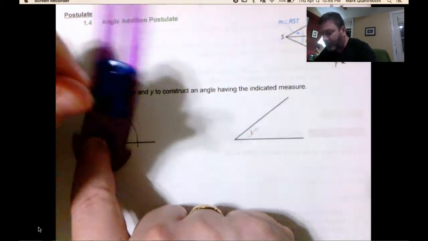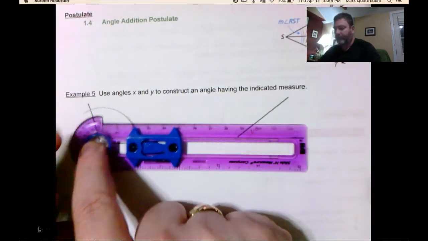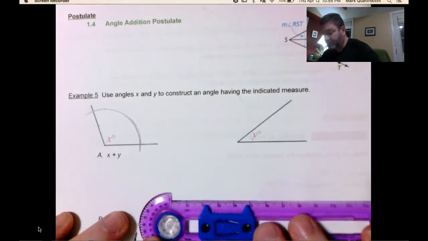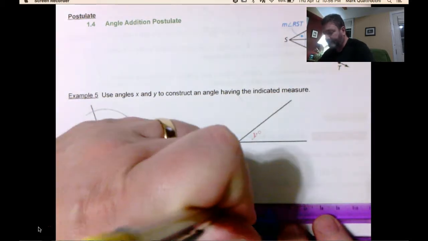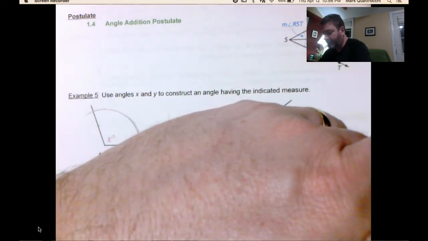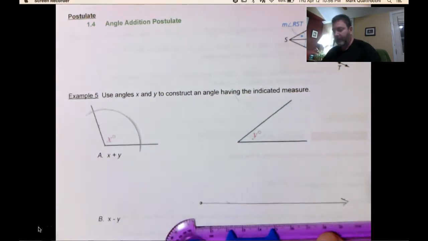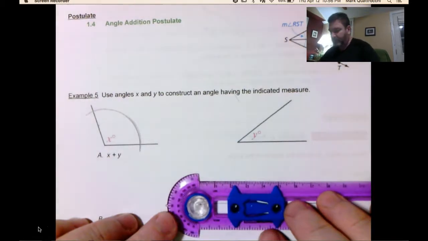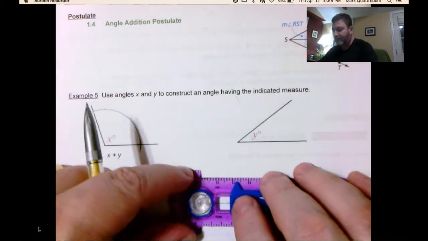First we're going to make an arc. Actually, first I'm going to make a segment. Let's go from here. A ray, actually. Now, from that ray, I'm going to make the exact same arc that I just made.